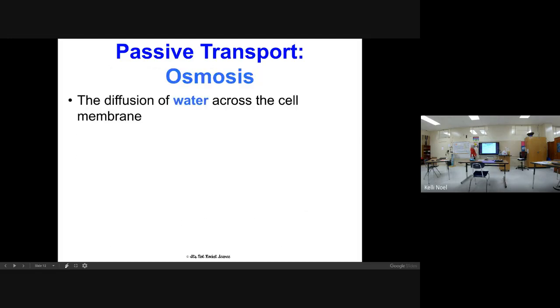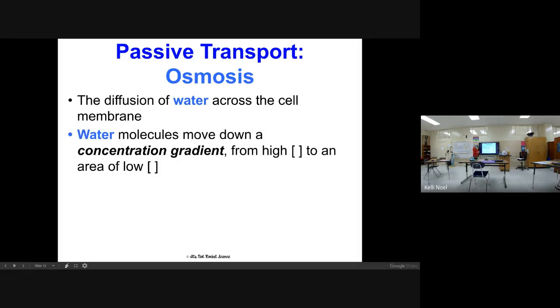And then we have osmosis. It's a special type of diffusion. And what they don't mention here is that water actually has to have its own little protein that allows it to go through. It's called an aquaporin because it can't go past the phospholipid tails. But osmosis just deals with the diffusion of water.